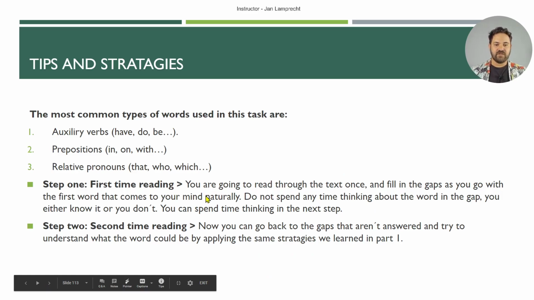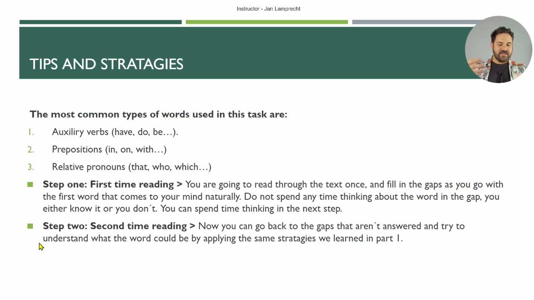Great. So now you're going to read it again, because obviously, possibly, there will be some gaps that you didn't write anything in. So now you can go back to the gaps that aren't answered and try to understand what the word could be by applying the same strategies we learned in part 1.